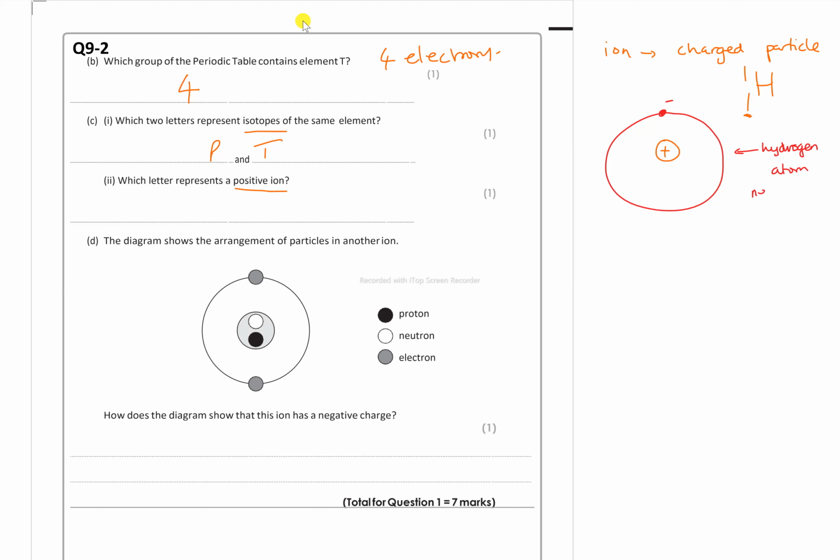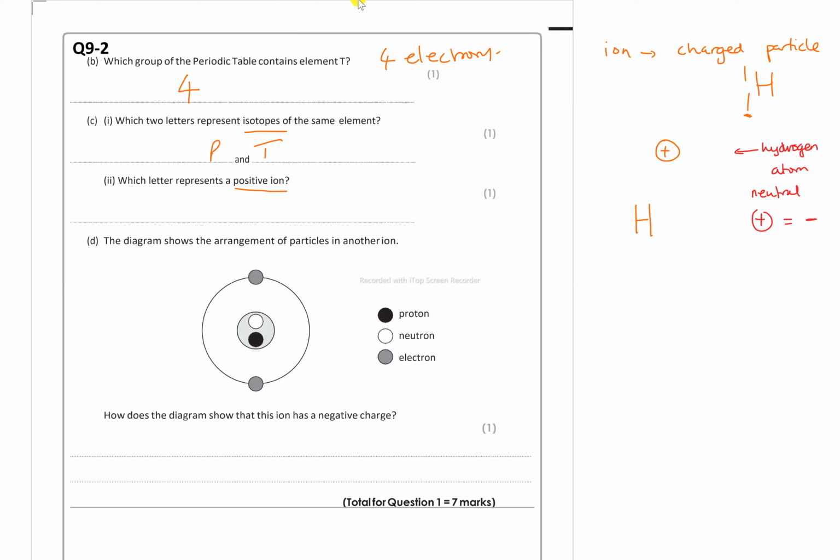Have you noticed that it is neutral? What does that mean? The same number of pluses equals the number of minuses. So protons equal electrons, the charges cancel out, it's neutral. Now if I were to get this rubber and rub this out, you can see that's gone. Now all I'm left with is a positive charge.